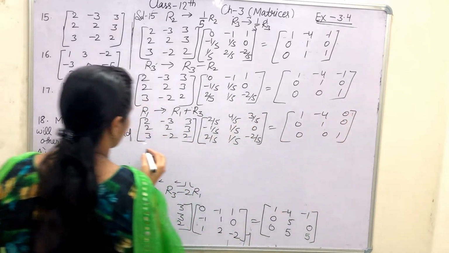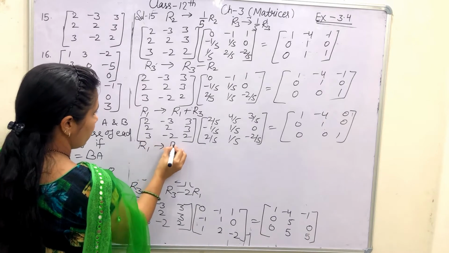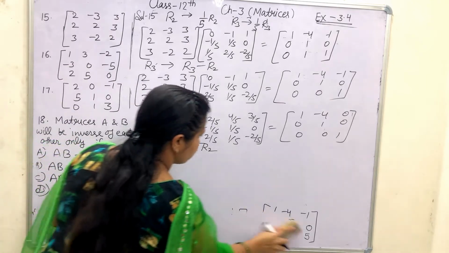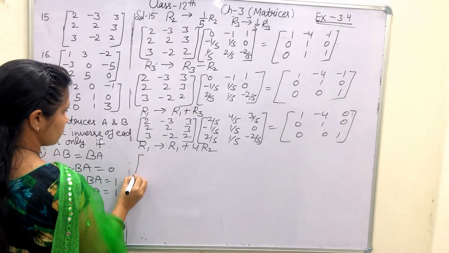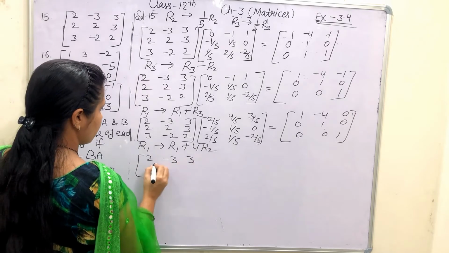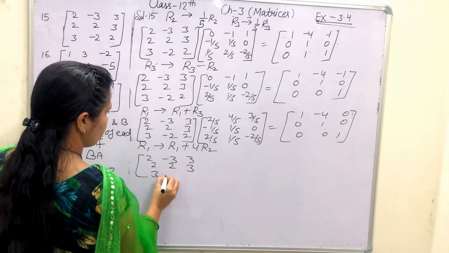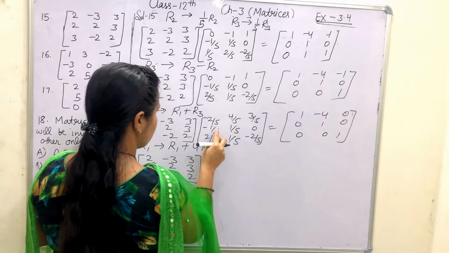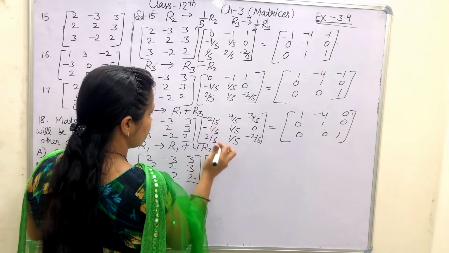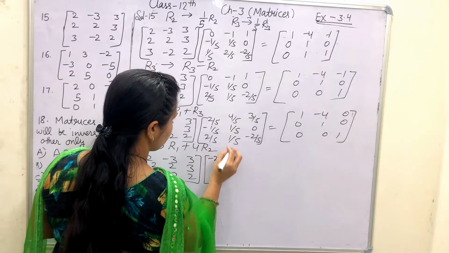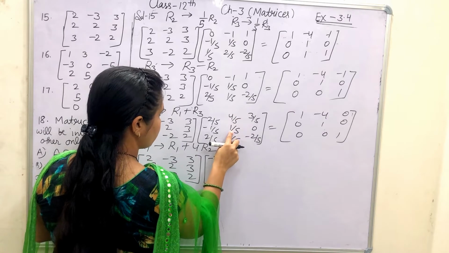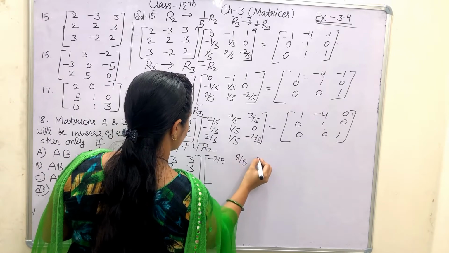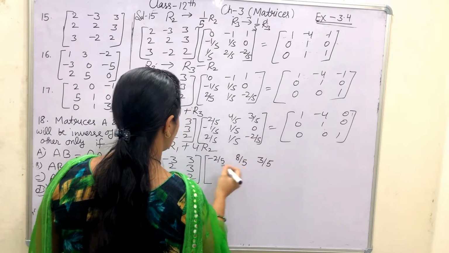Now we apply R1 plus 4 R2. Here we get 2 minus 3, 3, 2, 2, 3, 3 minus 2, 2. R1 plus 4 R2 means minus 2 by 5, R1 plus 4 R2 means 8 by 5. Here is 3 by 5.